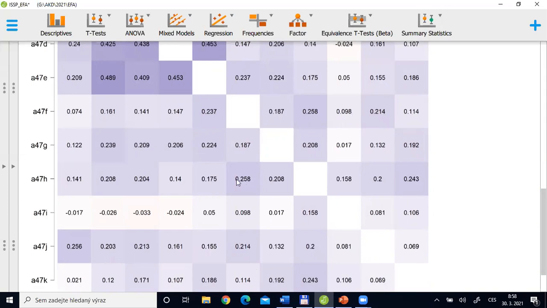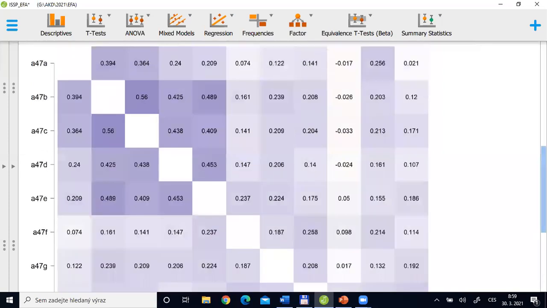Maybe there are some stronger relationships here. So maybe 2 or 3 items are closely related, but there is no big set of items from A47F to A47K closely related here.